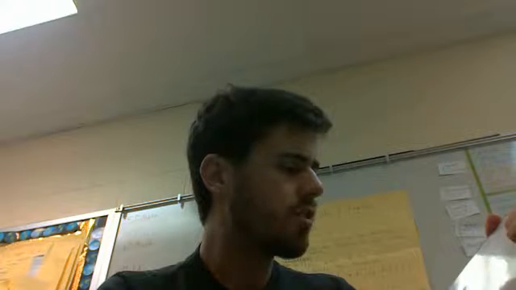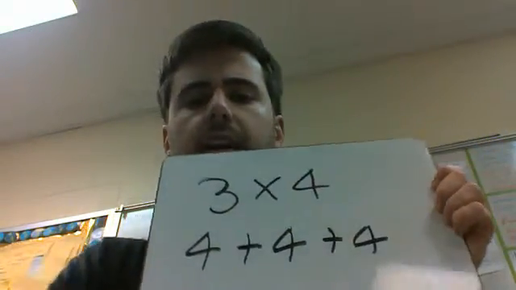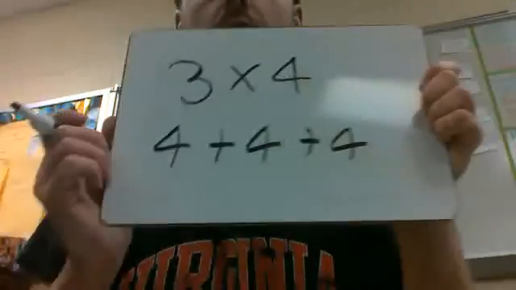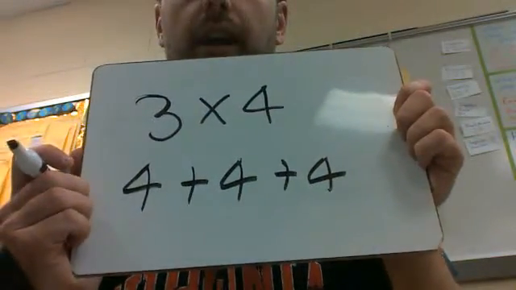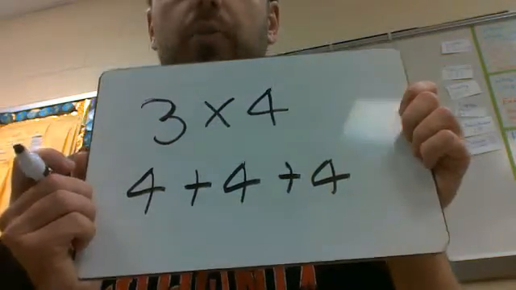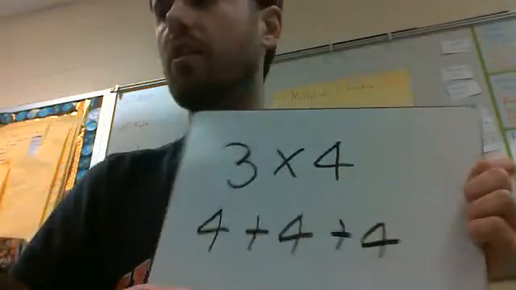So for example, 3 times 4 would be 3 groups of 4. Another way to think of 3 times 4 is 4 plus 4 plus 4, 3 groups of 4.